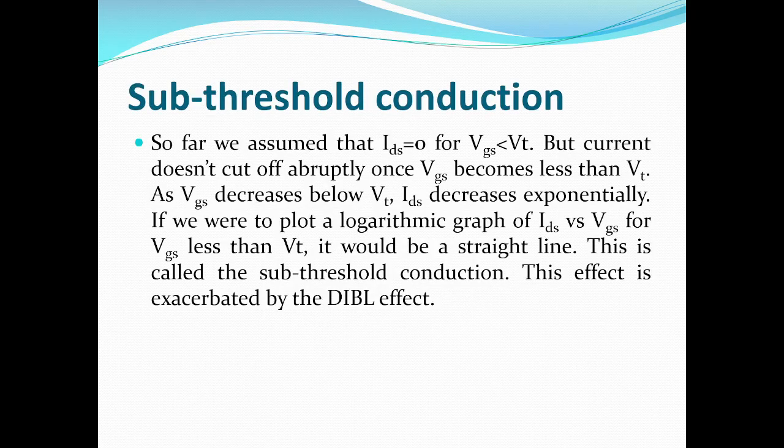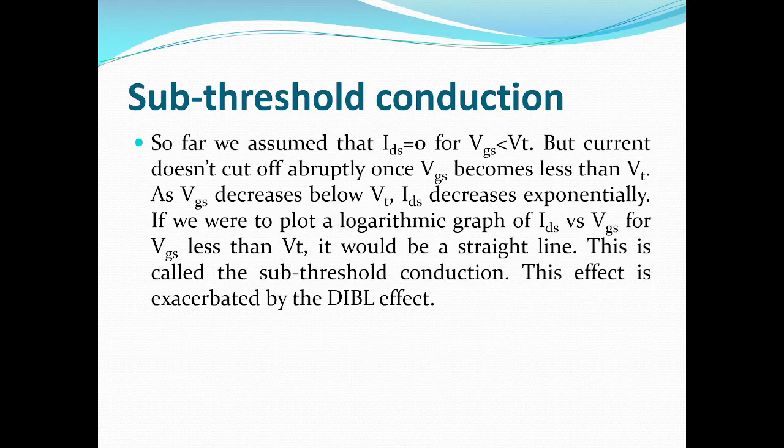Next we will see the sub-threshold conduction. So far we have assumed that the drain source current is 0 for VGS less than the threshold voltage. But current doesn't cut off abruptly once VGS becomes less than the threshold voltage. As VGS decreases below the threshold voltage, IDS also decreases exponentially.